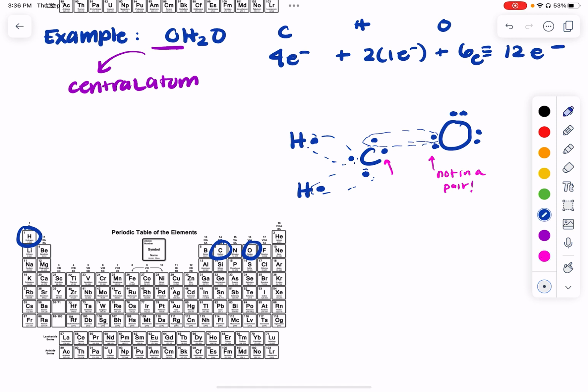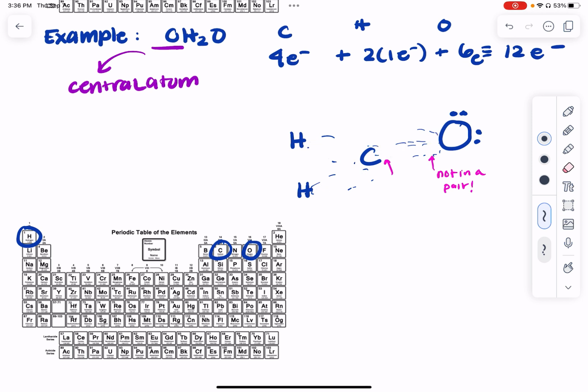So I'm going to use what I know about multi-bonds, and I'm going to connect 2. And I think that's actually going to help us a lot. So I'm going to go ahead and fill in these bonds and see what our structure can look like.